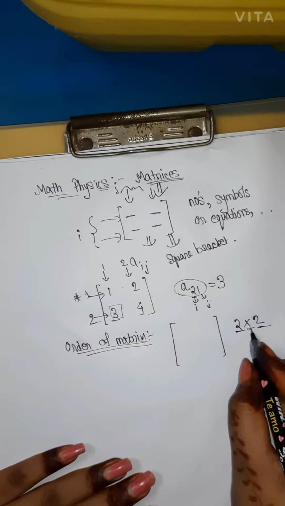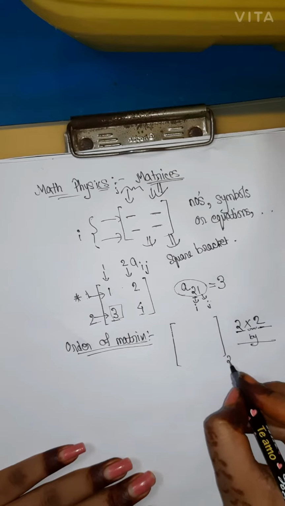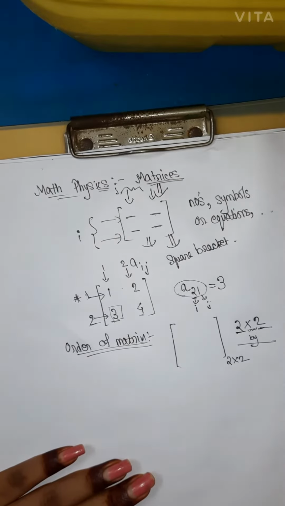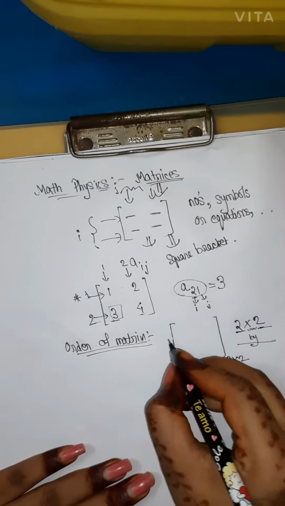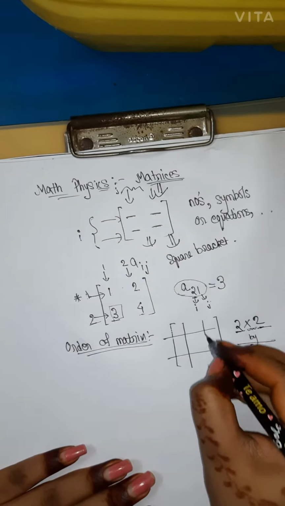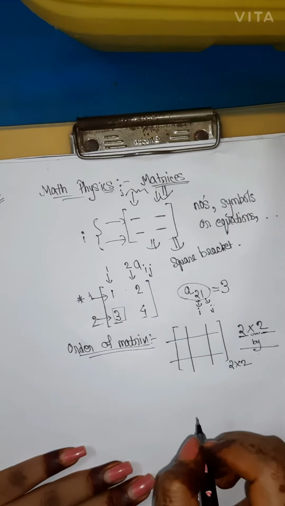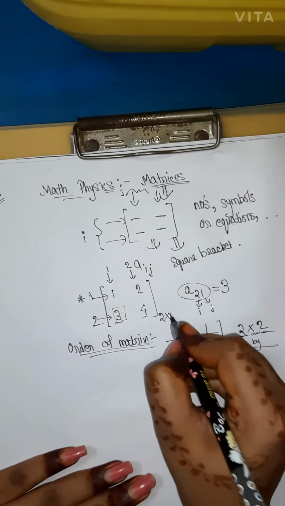This we pronounce as a 2 by 2 matrix. So the order we will write over here as 2 by 2. So 2 rows and 2 columns, so 1st row and 2nd row, and 2 columns means 1st column and second column. So we will have 4 elements in total. This is a 2 cross 2 matrix.